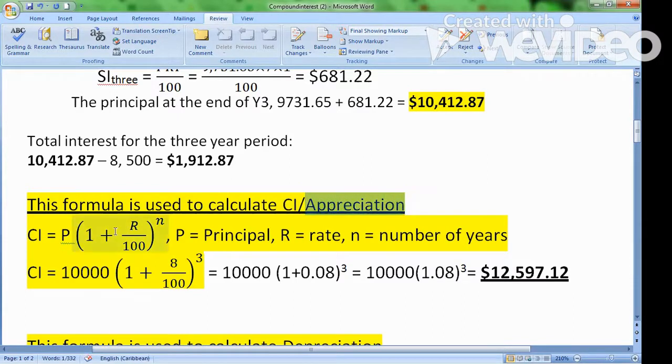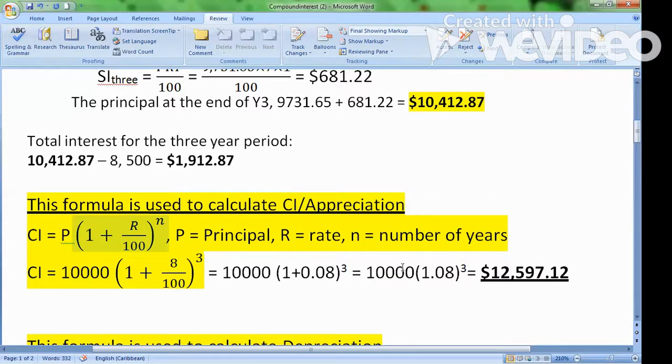It means that it's always adding. For example, the value of a house, assuming that it is well taken care of, goes up every year. The value of property goes up every year.